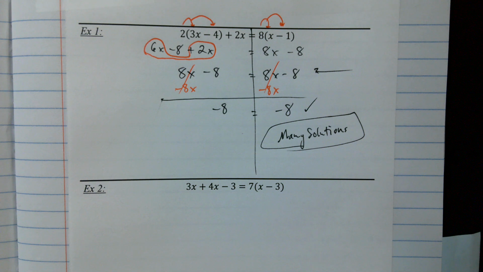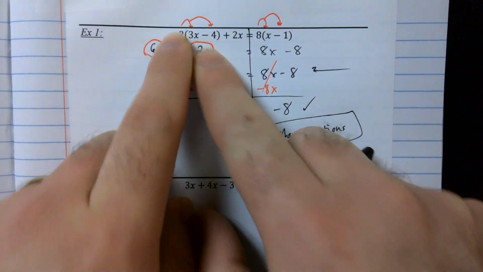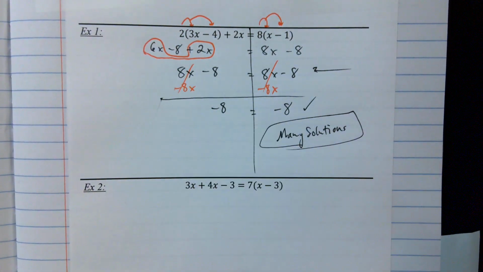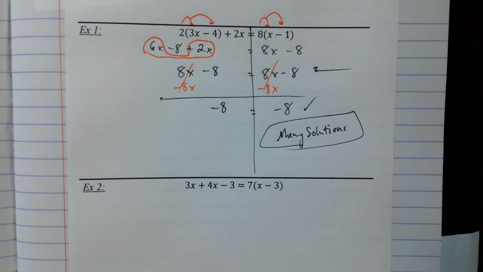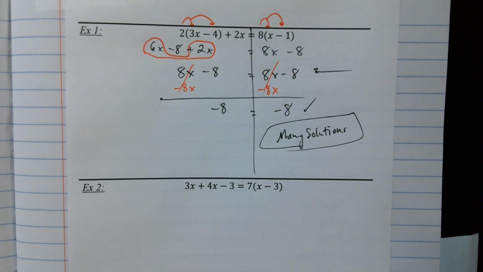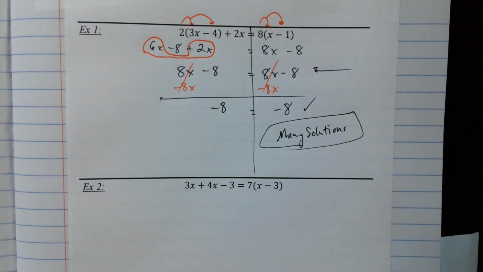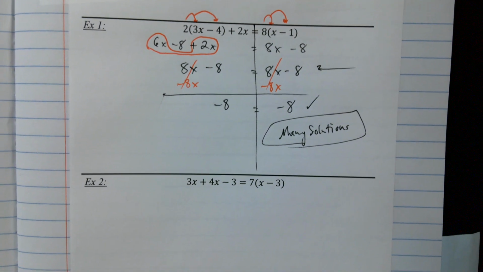My answer is every number possible. Many solutions. That's what that means. There's every single number that we could think of, we could plug it in for x and get a true statement just like this. So the answer is not negative 8. It is many solutions. All right.